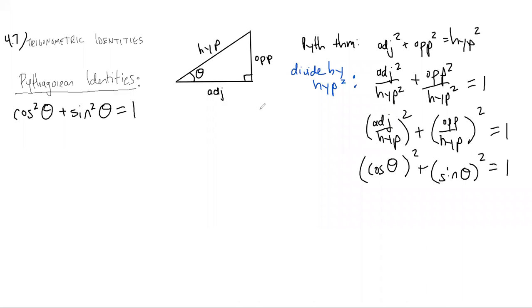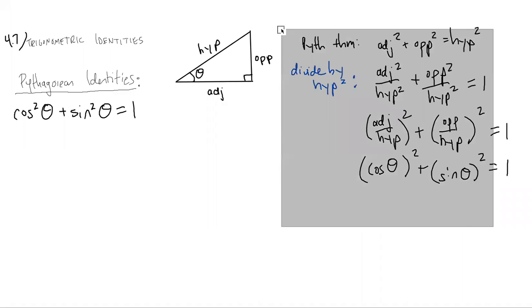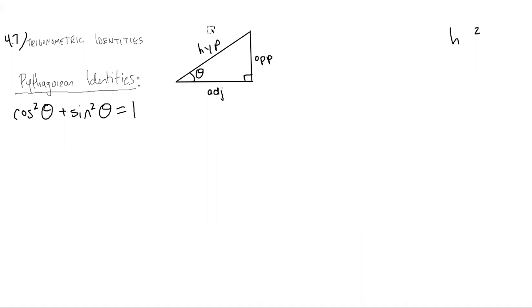For the second identity, what we're going to do is start with this one and work our way down from there to generate a second one that's also really useful. So I'm going to start with cos squared theta plus sine squared theta equals 1. I'm going to divide this whole expression now by cos squared theta.